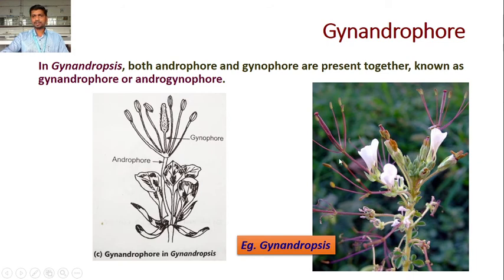So in Gynandropsis both androphore and gynophore are present together. It is known as gynandrophore or androgynophore. The name was given to this plant because of this specialized morphological character found in the flower, that is gynandrophore. So the name of the plant is Gynandropsis.